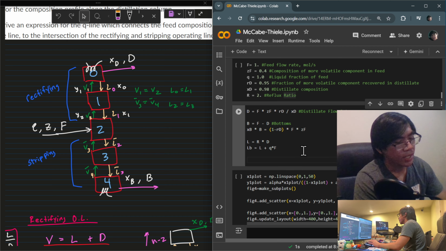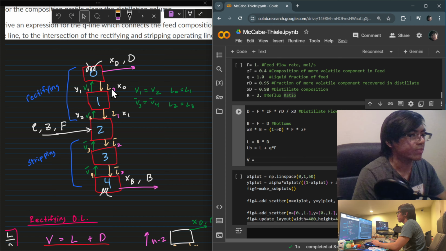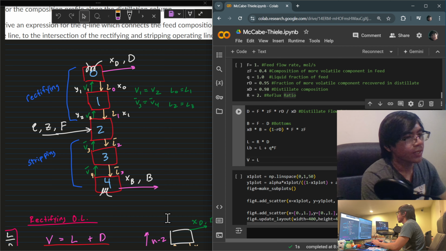And then we should be able to do our vapors here. So vapor going up top must be equal to liquid coming down and distillate out. That just is vapor equals liquid plus distillate.